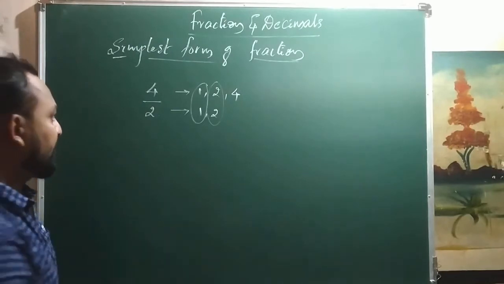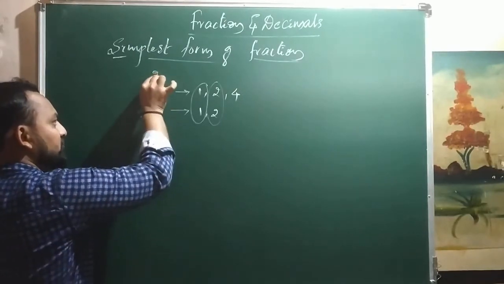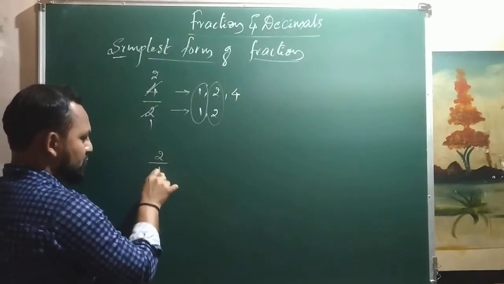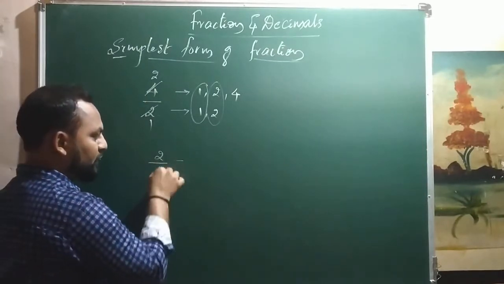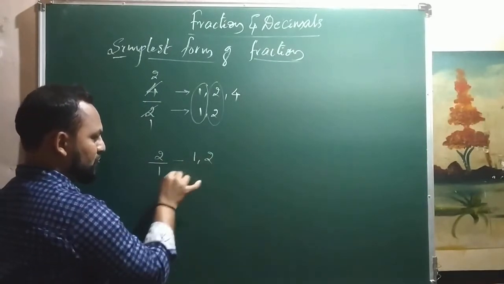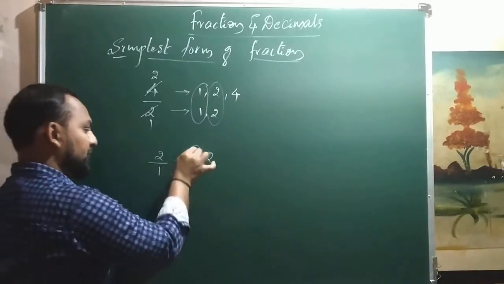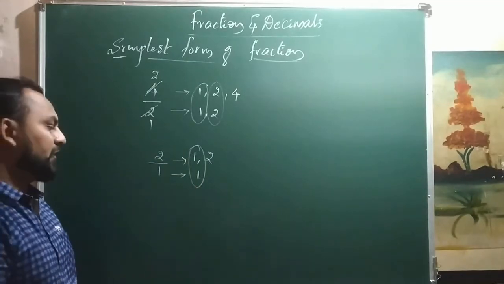Then divide. 2 ones are 2, 2 twos are 4. The answer is 2 by 1. The common factor of 2 and 1 is only 1.